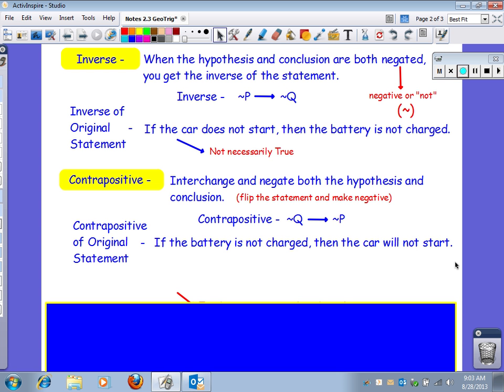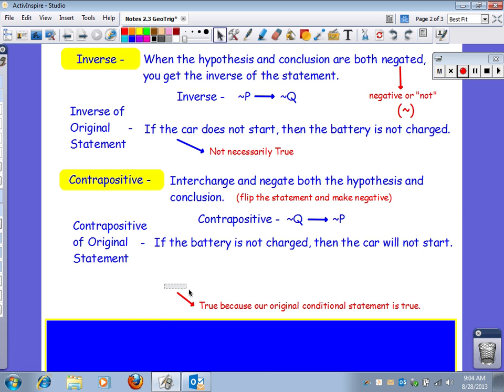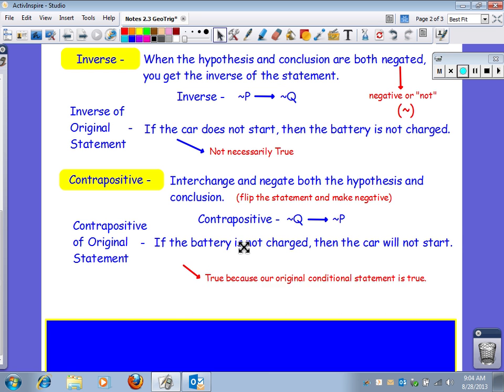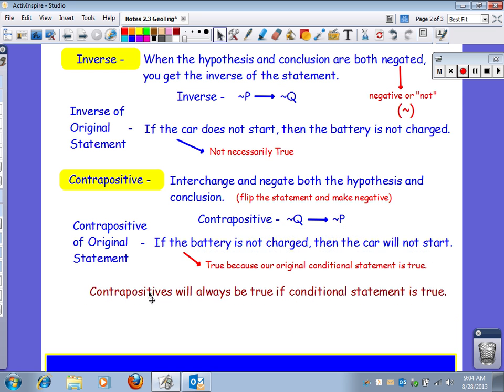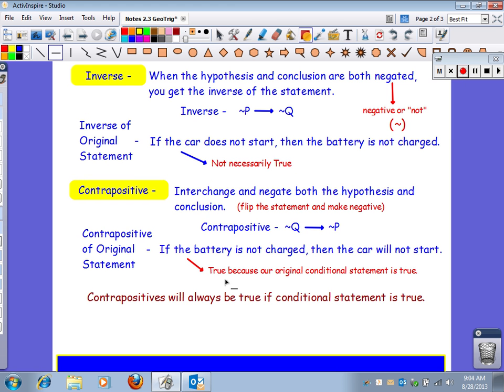Now, what do you think about that statement? If the battery's not charged, the car will not start. That is a true statement. If the battery doesn't have any charge in it, the car cannot start. That is a true statement because the original statement is true. Contrapositives will always be true if the conditional statement is also true.